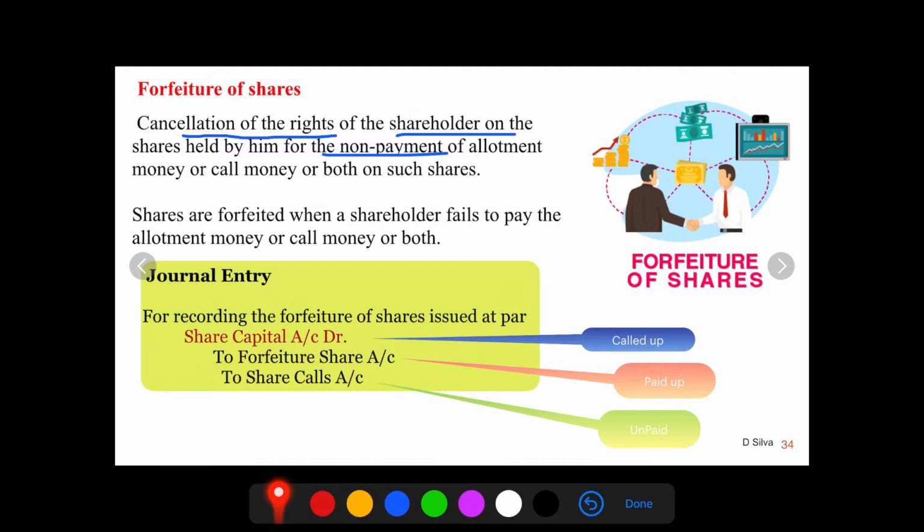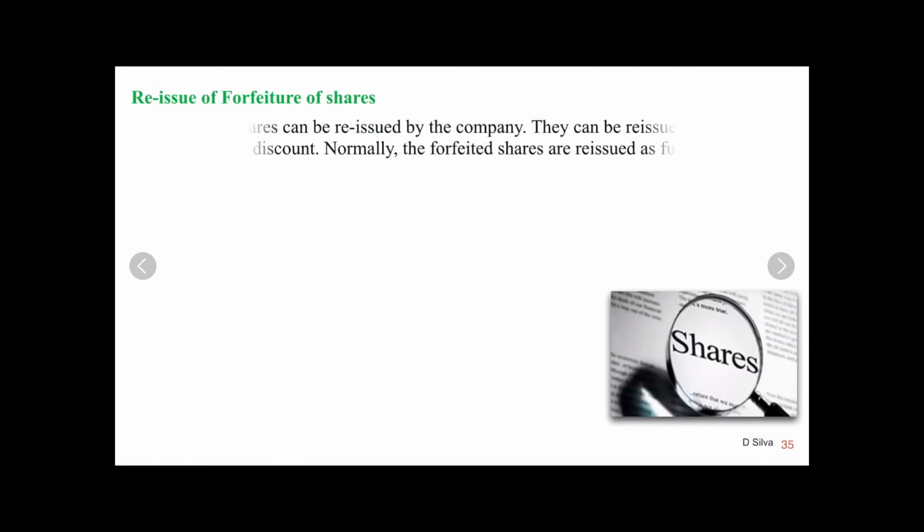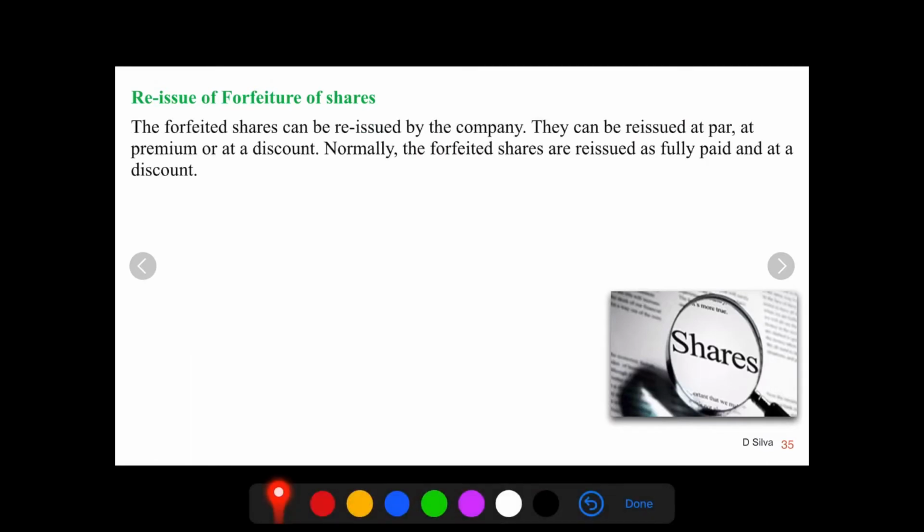This takes us to the next part of the concept, which is called reissue of forfeited shares. So what exactly is the reissue? The forfeited shares can be reissued by the company. Definitely yes. They can be reissued at par, premium or a discount.